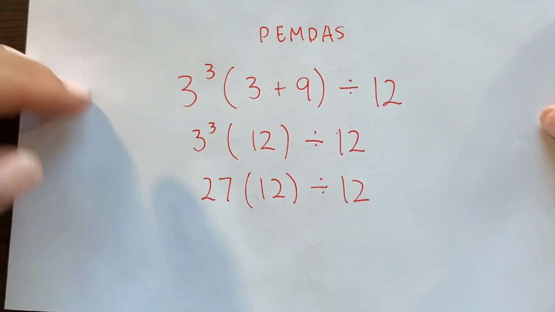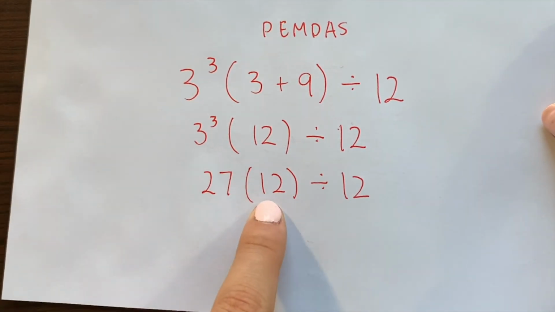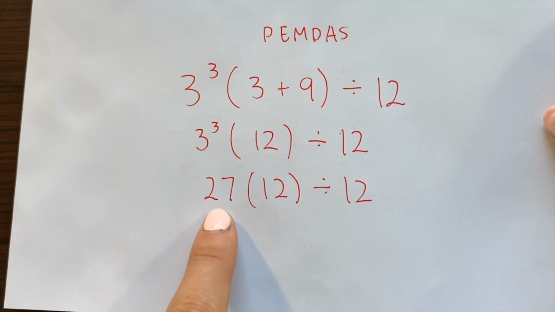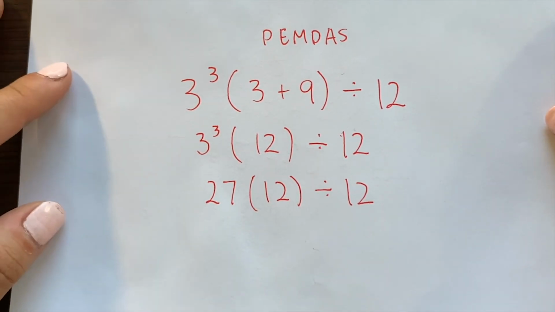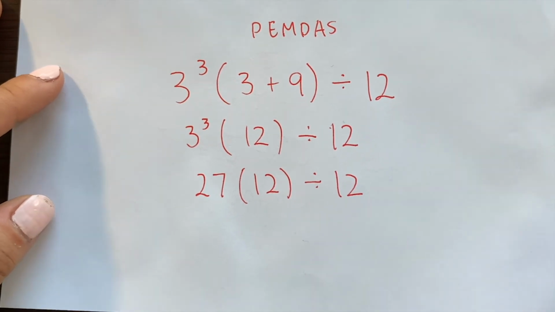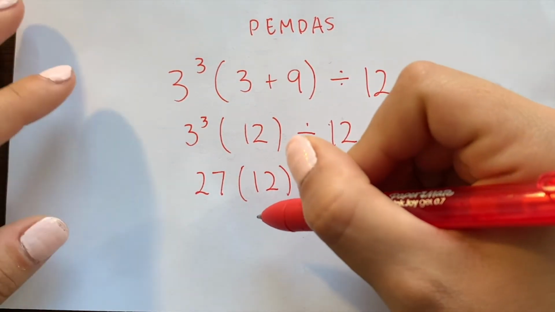Now, which one's the next? Multiplication. And you see that these two numbers you have to multiply. Every time that you have a regular number next to a number in parentheses, that's basically telling you to multiply those two numbers together. So we're going to multiply 27 by 12, and if you plug that into the calculator, it will give you a big number.